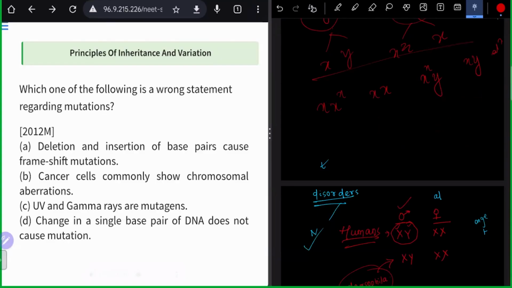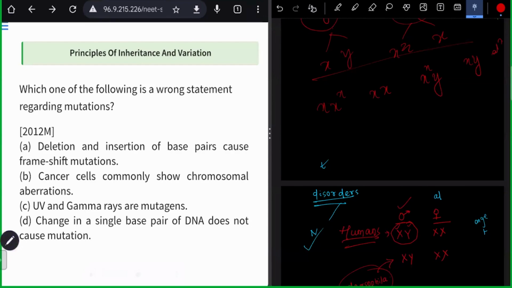Then the second option is, cancer cells commonly show chromosomal aberration. It is also right. In cancer cells, the most common cause is chromosomal aberration. Third option is, UV rays and gamma rays are mutagens. Yes, we all know that UV rays and radiations can cause mutations in organisms, so they are called mutagens.